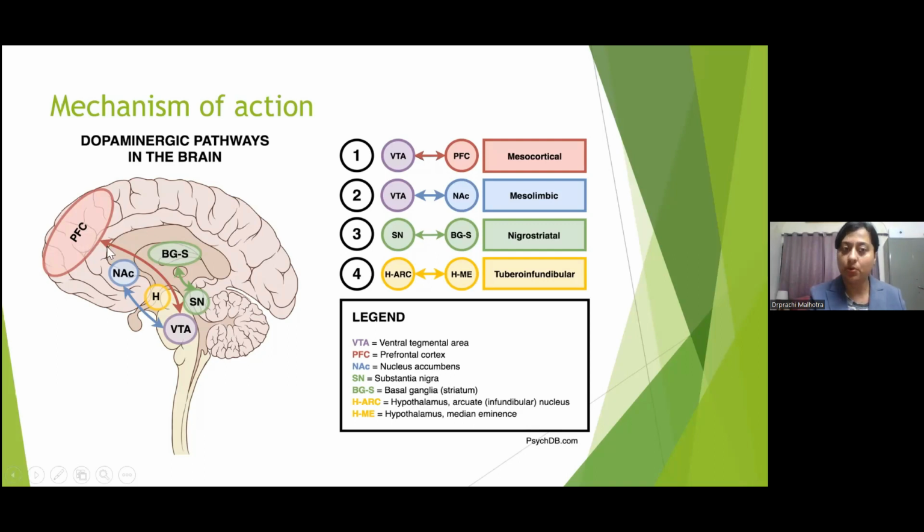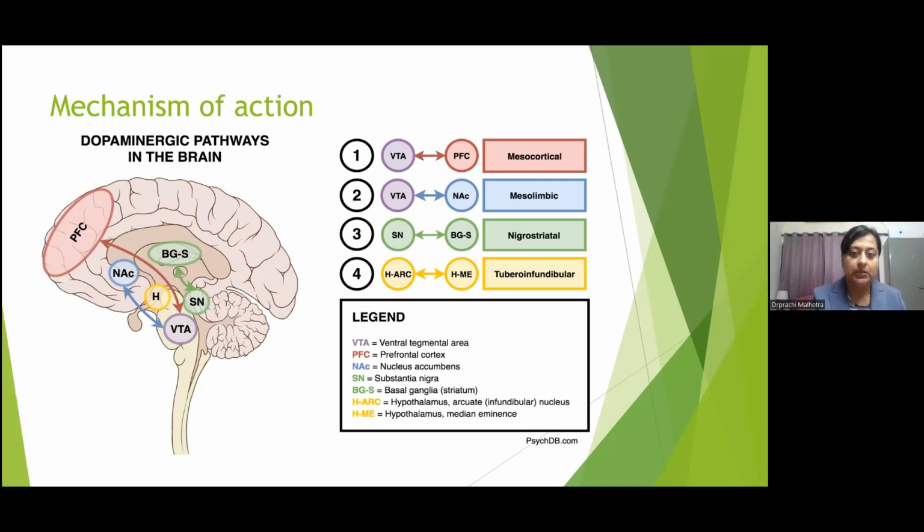The other pathway is the mesolimbic pathway. In the mesolimbic pathway, there's the ventral tegmental area and the pathway goes up to the nucleus accumbens. When dopamine acts on these two pathways, the mesocortical and mesolimbic pathways, it causes antipsychotic efficacy.